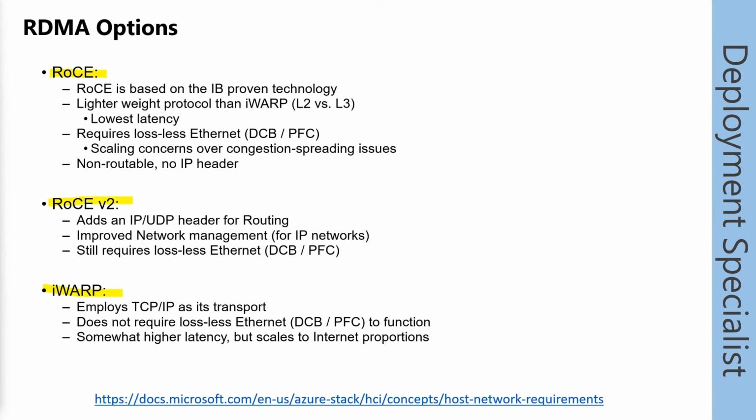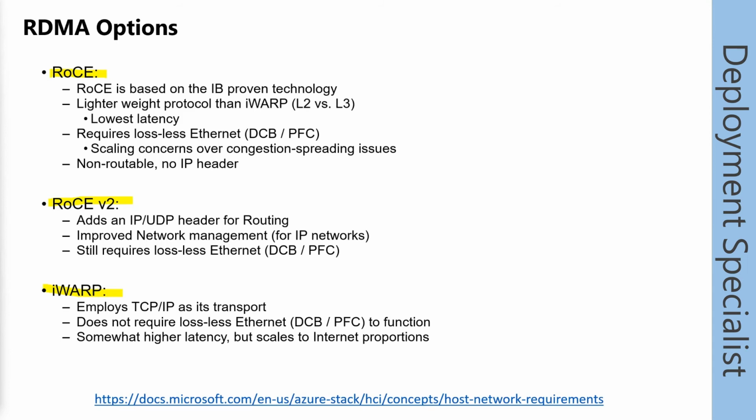When we have a look at the technical situation, both RoCE and iWARP are RDMA technologies. RDMA ensures we have the offloading from the CPU to reduce the CPU load, to reduce the latency, to optimize the throughput.